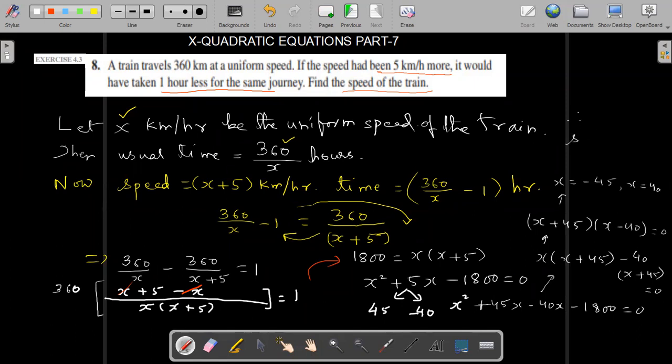Therefore, the speed of train is 40 kilometers per hour. Usual speed, uniform. Okay, got it.